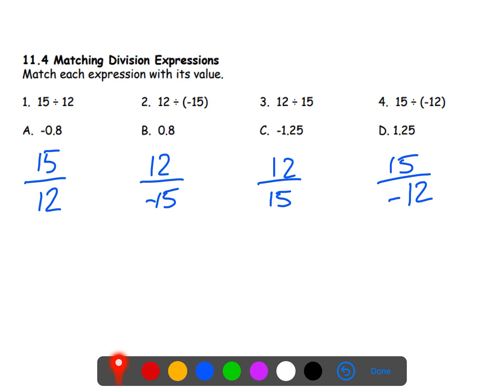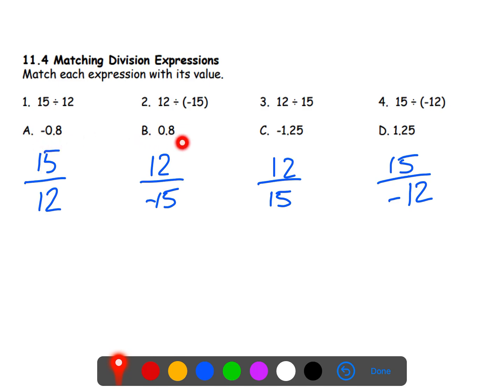Okay, now let's look at the positive examples here. So we have 12 divided by 15, 12 fifteenths or 15 twelfths. Now these are reciprocals of one another. One of these has a value less than 1 and one has a value that's greater than 1.